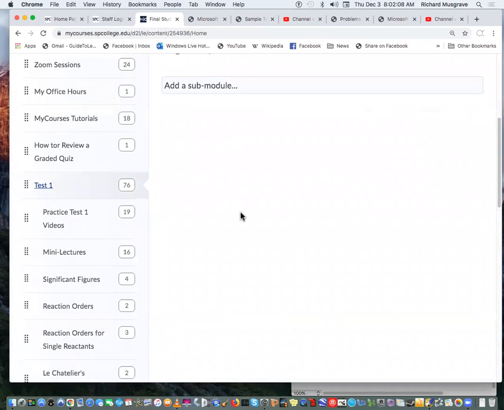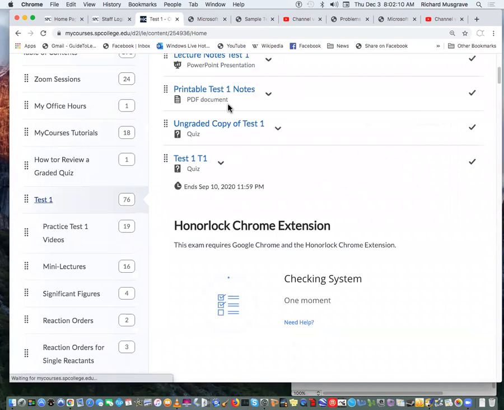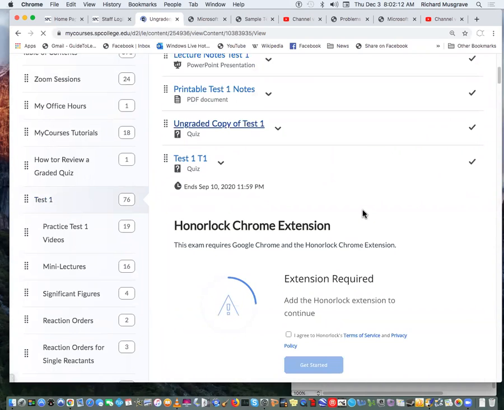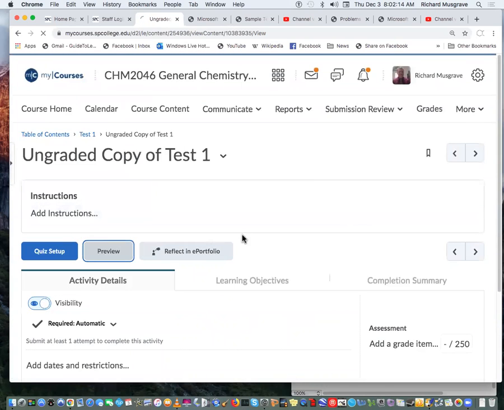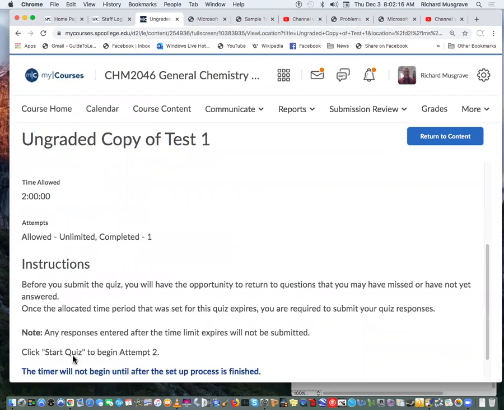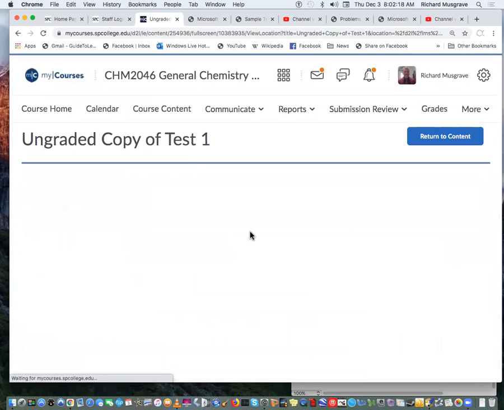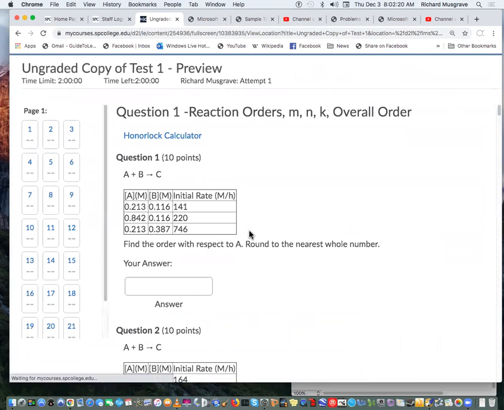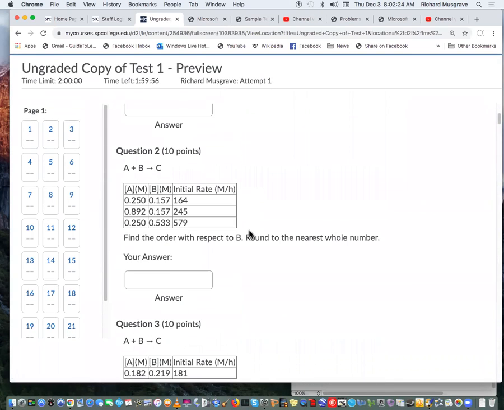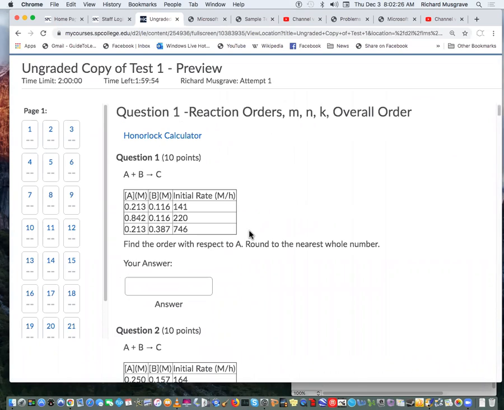Test 1. So Alex was asking if it's going to be two from each test. That's not necessarily the case.